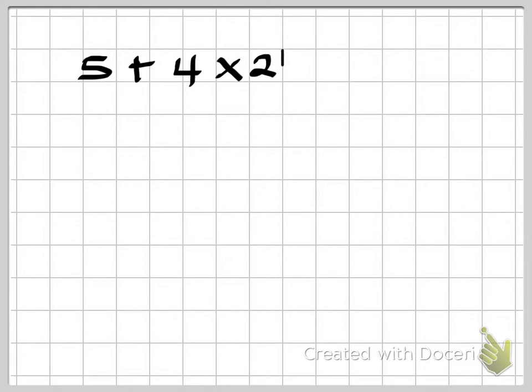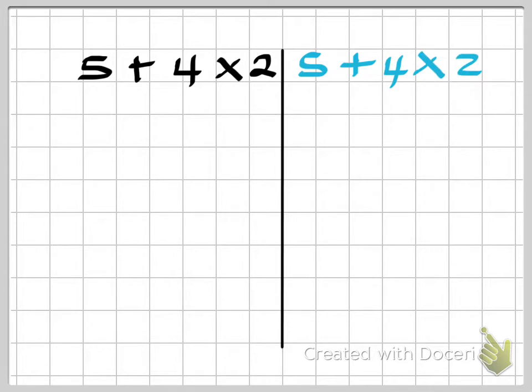Let me get the line down here. There we go. I'm going to write down the exact same sum, and let's use a different color, blue. 5 plus 4 multiplied by 2.